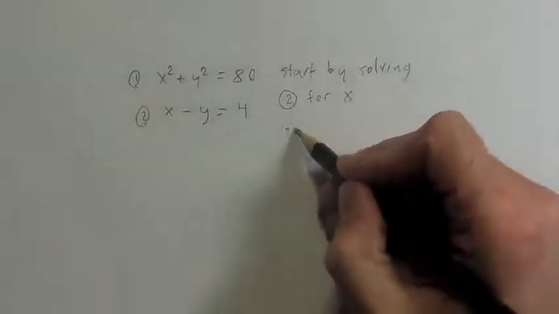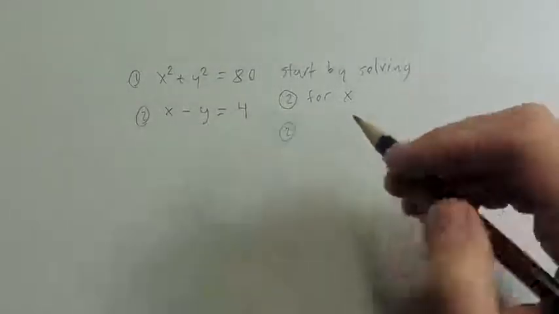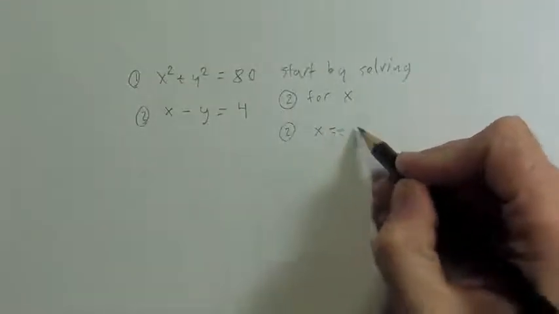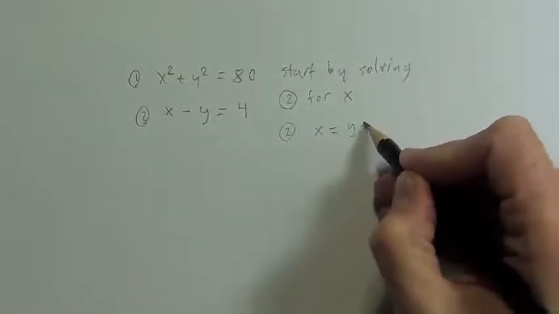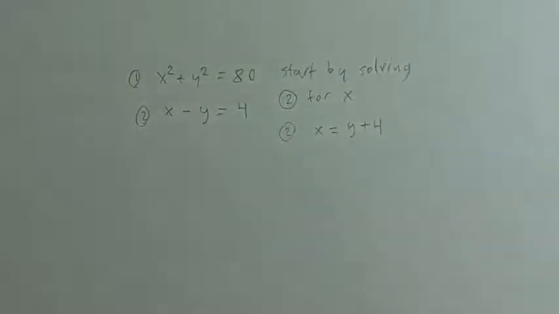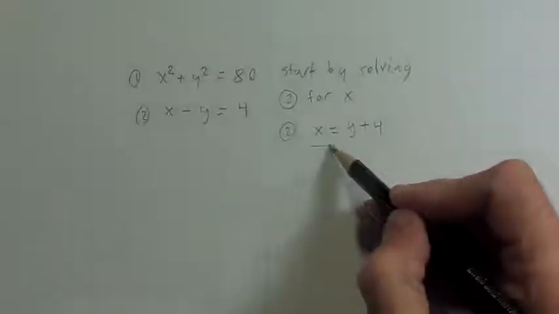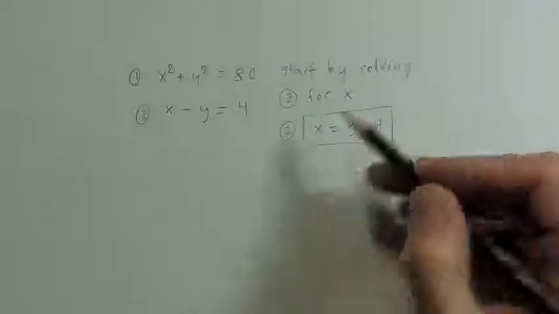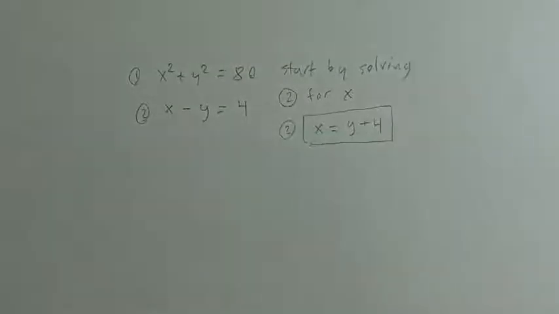So when we do that, say I move that y over, I'll get that x is equal to y plus 4 when we move that to the other side. Okay, so now we have that x is equal to y plus 4. I'm going to put a box around that because we're going to use that in a little bit.